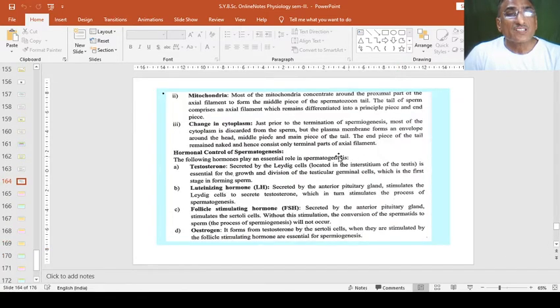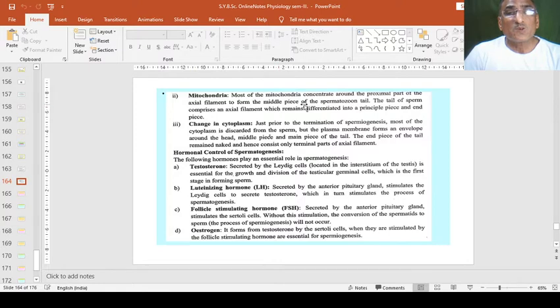Second, the mitochondria. As usual, we are well aware of the mitochondria because these are the energy-rich compounds, or we can say energy generating, or the powerhouse of the cell in a simple way.